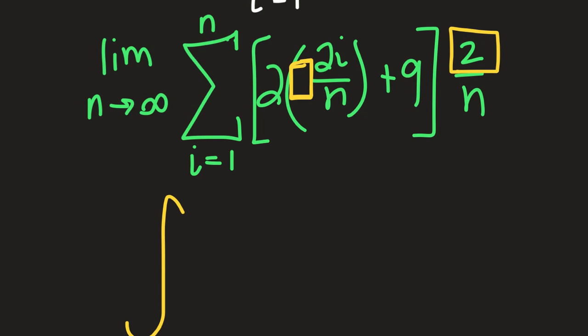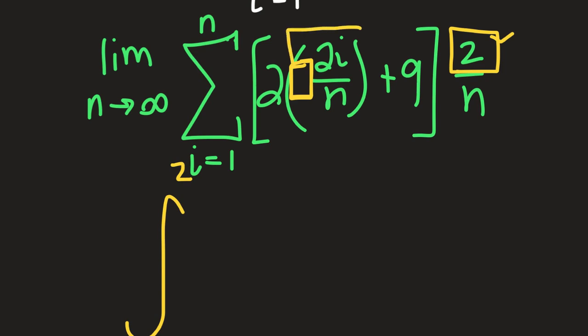And in here, we don't see a term there, right? There's no number in front of our 2i over n, which means your initial value is 0. If there's not a plus number in front of your delta x, then we start at 0, which means we have to end at 2 because our interval has to be 2 units long.